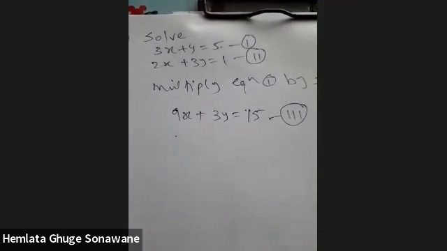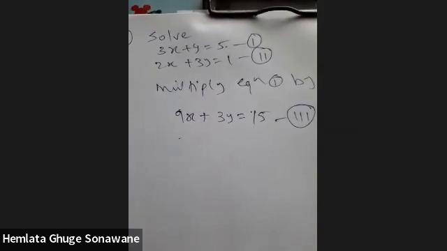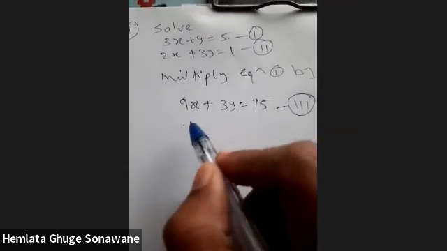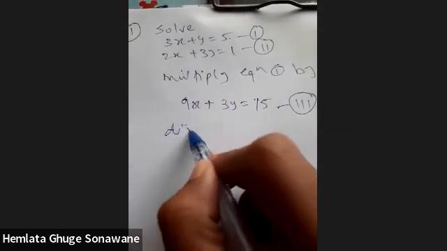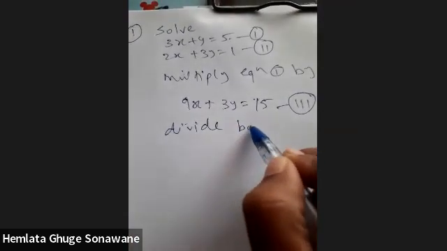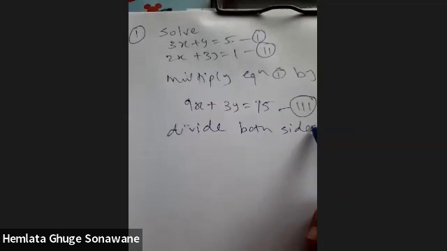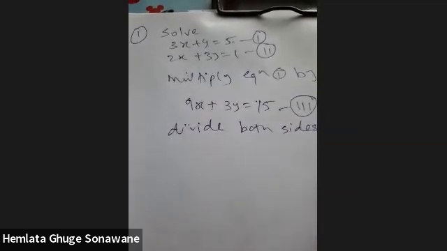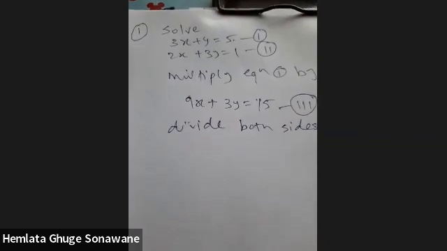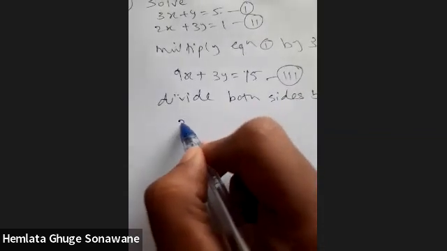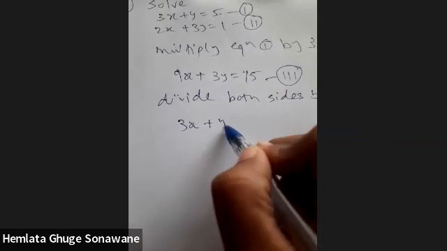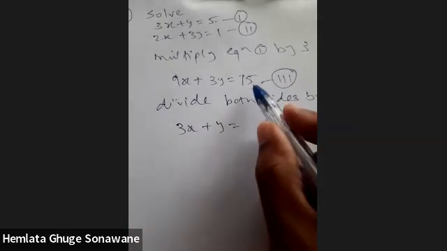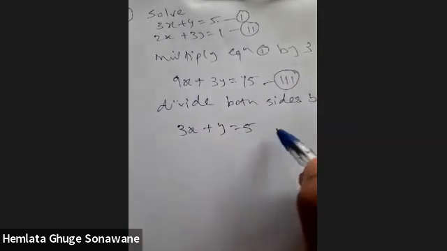This we can simplify by dividing both the sides by 3. Okay. So it becomes 3 3s are 9 plus y is equal to, we'll divide 15 by 3, that is 5.